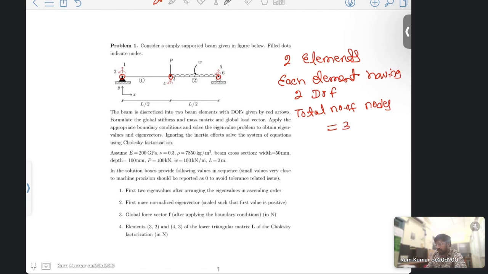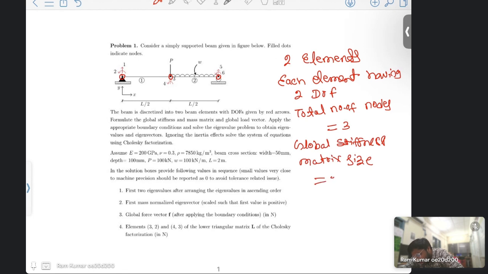I think you remember I told you that the total number of nodes multiplied by the degrees of freedom for each node will be our overall global stiffness matrix size.